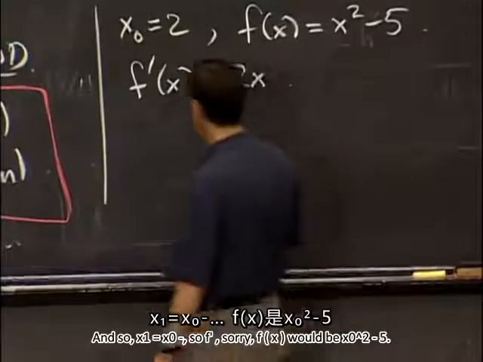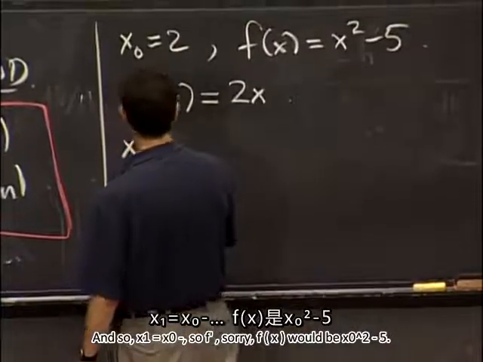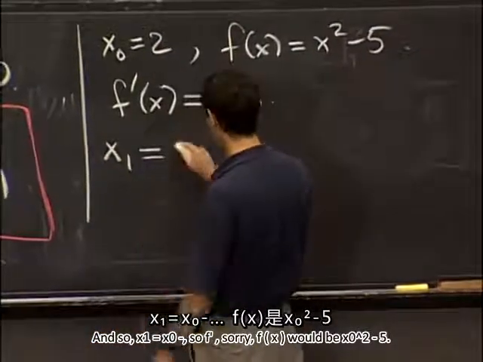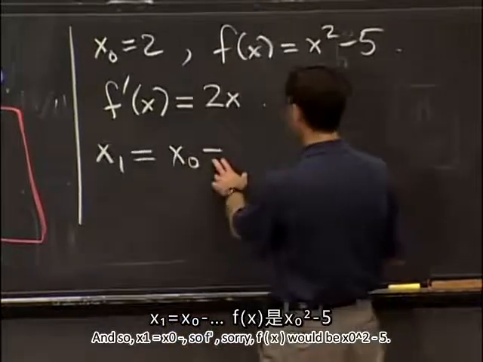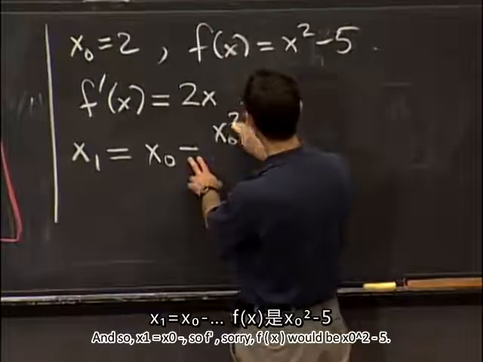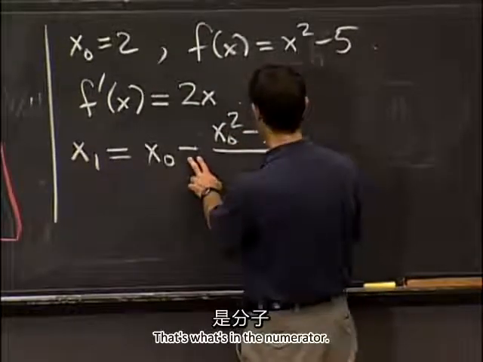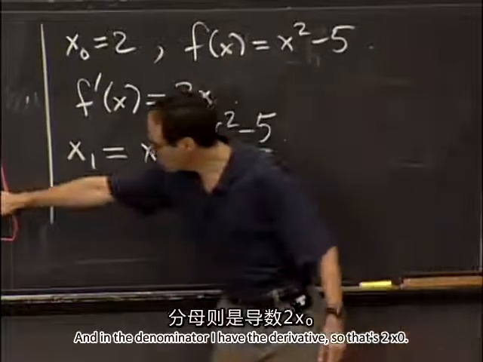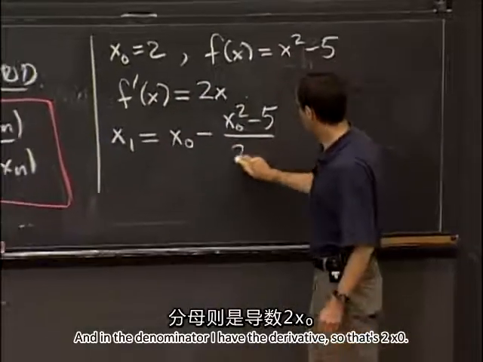And so x1 is equal to x0 minus, so f of x would be x0 squared minus 5. That's what's in the numerator. And in the denominator, I have the derivative. So that's 2x0.